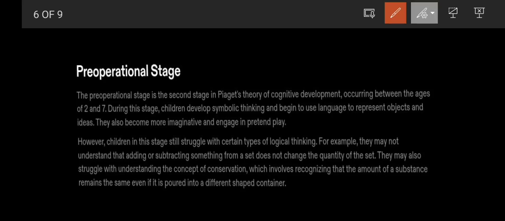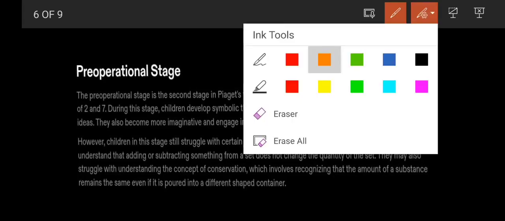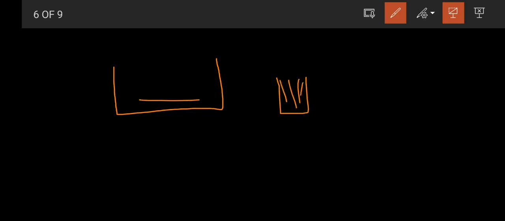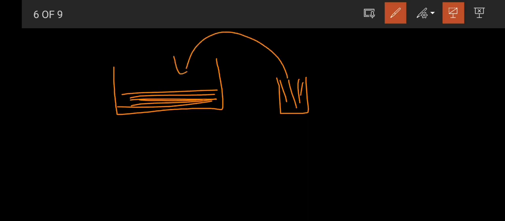The child also can't understand that adding or subtracting something from a set does not change the quantity of the set. Suppose this is a container, and we will take a glass. Some amount of rice is already present in this glass. Now we will add this one glass of rice into this container.